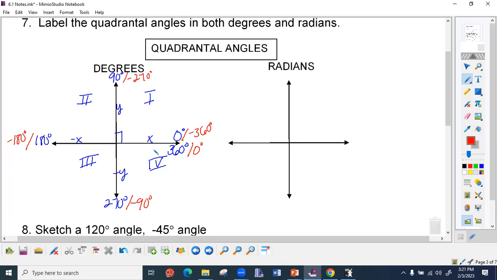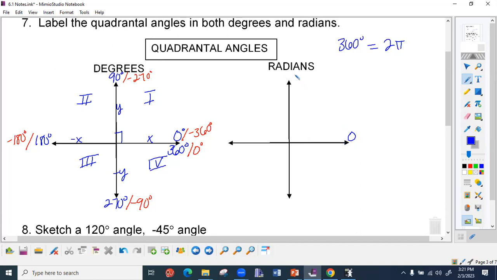So these are our degrees. Now we're going to do the same thing, but in radian measurement. We've already discussed that 360 degrees equals 2 pi, right? So radian measurement is taking 2 pi and splitting it into 4 pieces. We're going to start here at 0 radians.